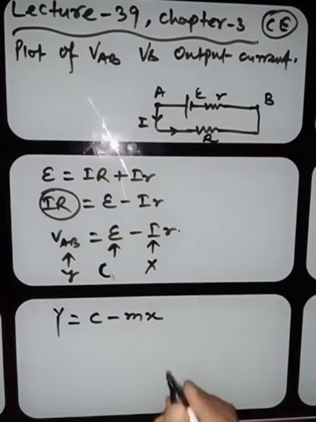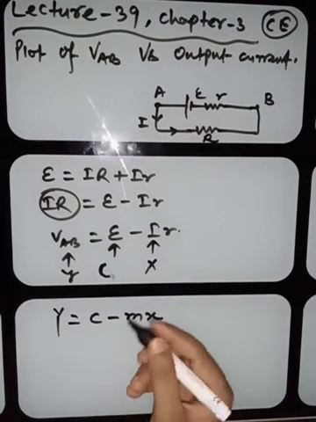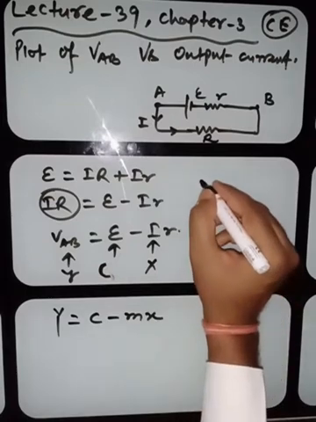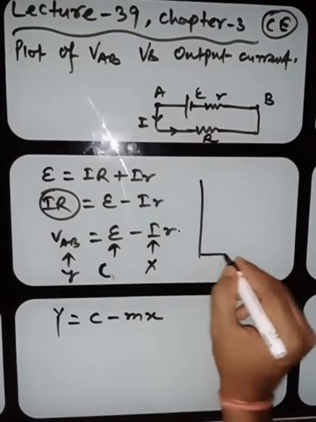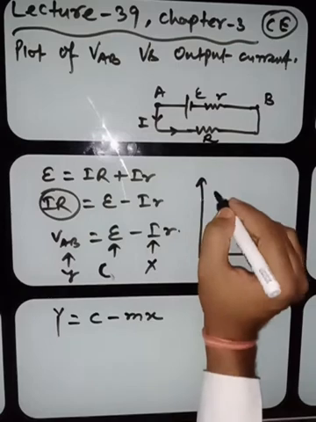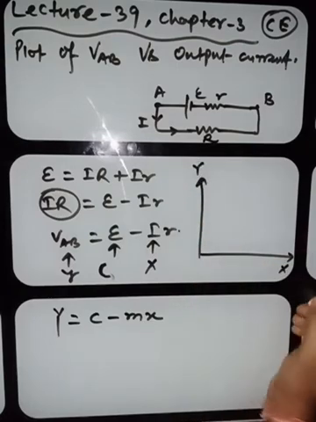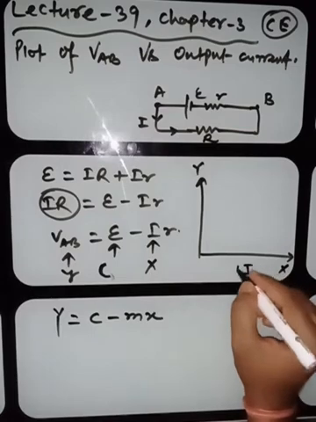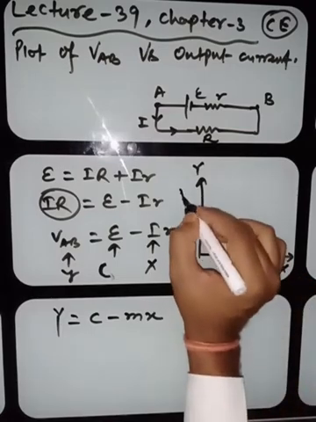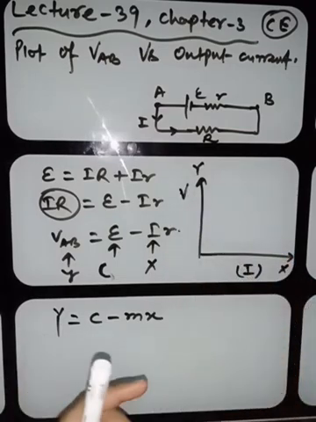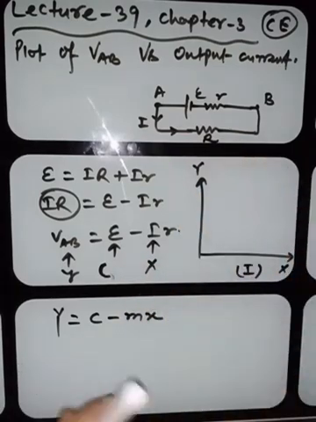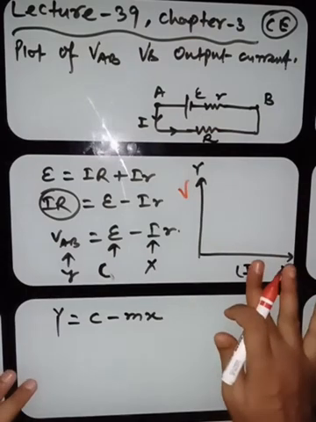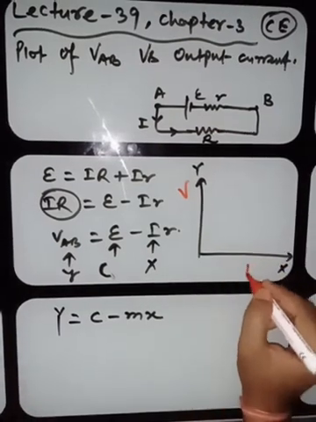Could you compare this with the equation of a straight line? Here y is the voltage. On the x-axis we are using output current, in ampere, and on the y-axis we are using terminal voltage.